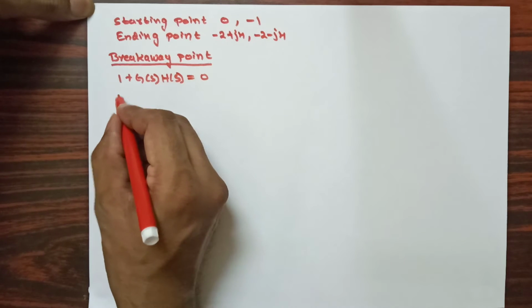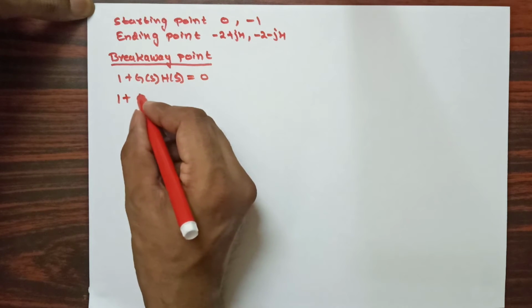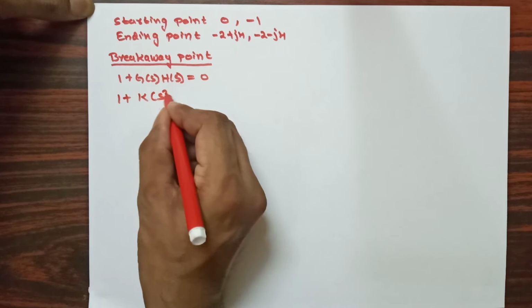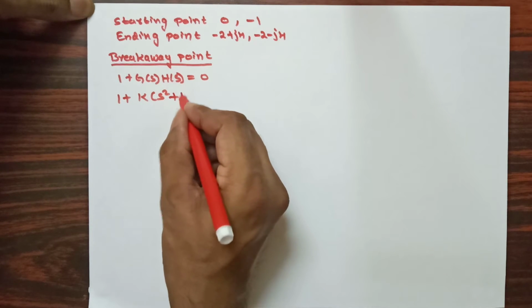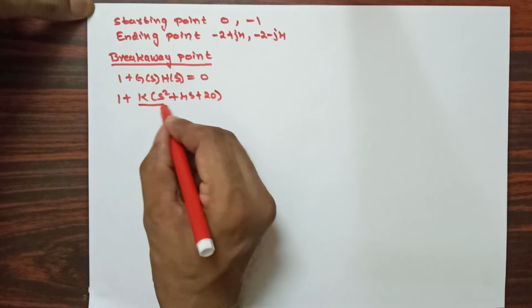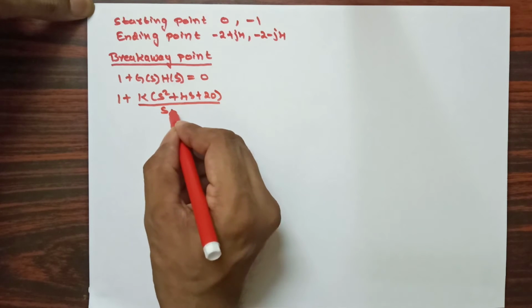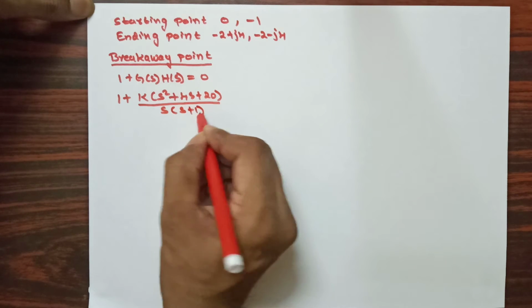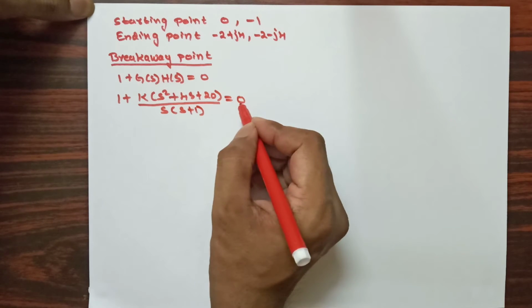In this problem, G(s)H(s) is K into (s squared plus 4s plus 20) divided by s into (s plus 1), equal to 0.